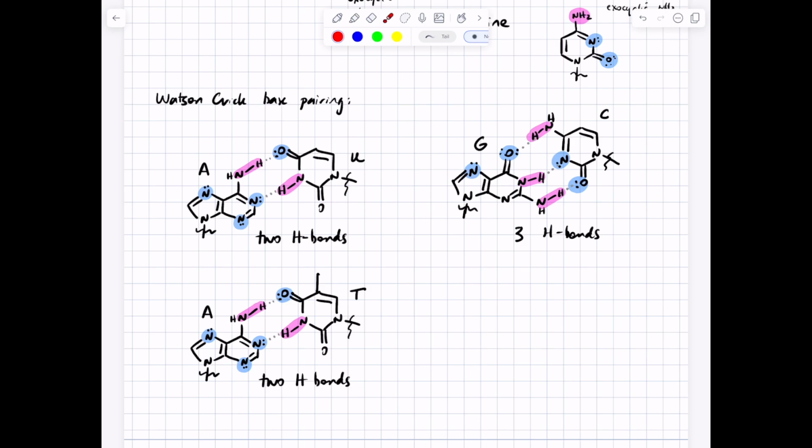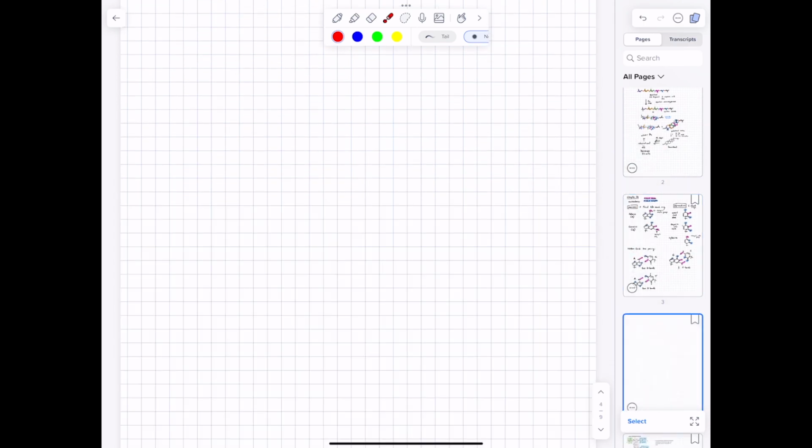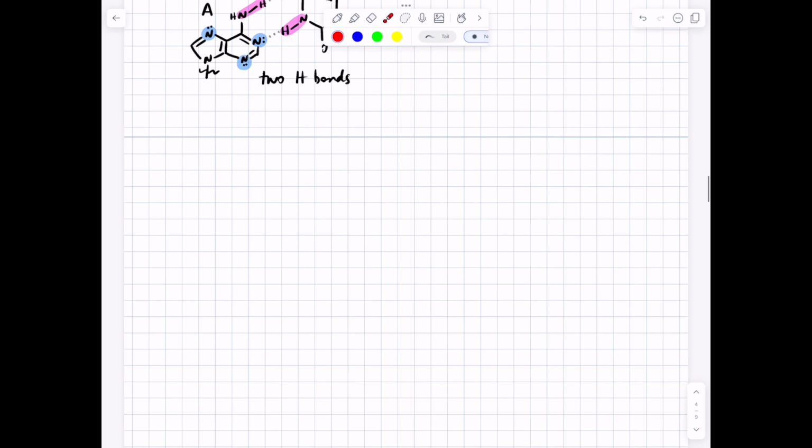All right, I want to give you a little bit more nucleic acid nomenclature before we dive into DNA structure. So let's talk about adding these bases to the sugars.